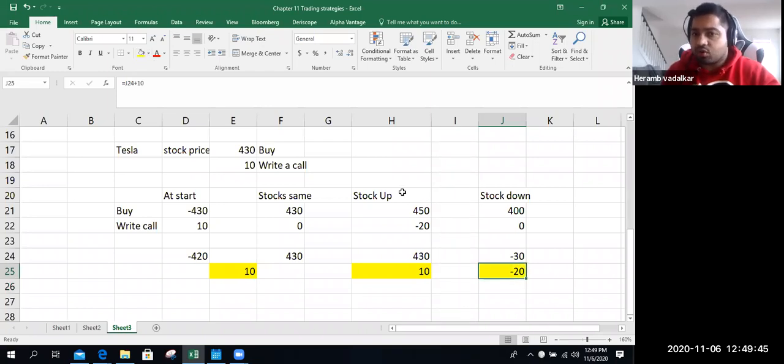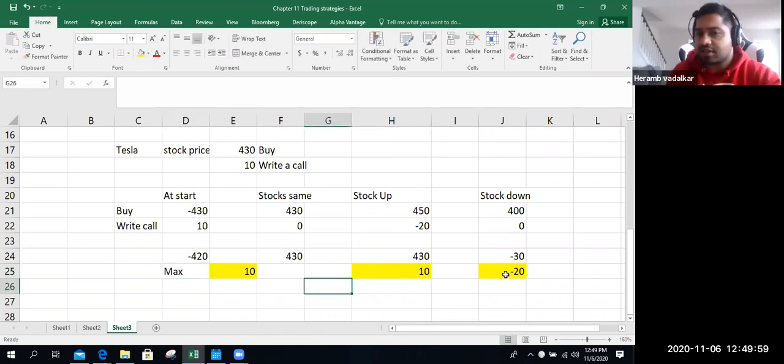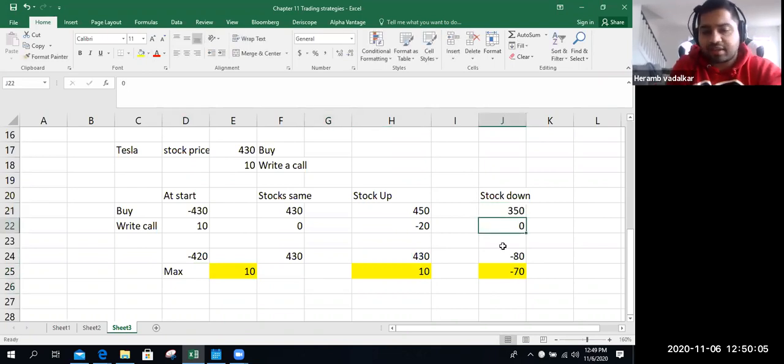If stock goes up, you make money, but only to the extent of premium, right? If the stock remains same, you make money to the extent of premium. So your maximum profit is capped at $10. Your maximum loss can be anything. If this stock goes to 350, you lose more money. If this stock goes to let's say 300, you lose even more money. So your loss is not capped.